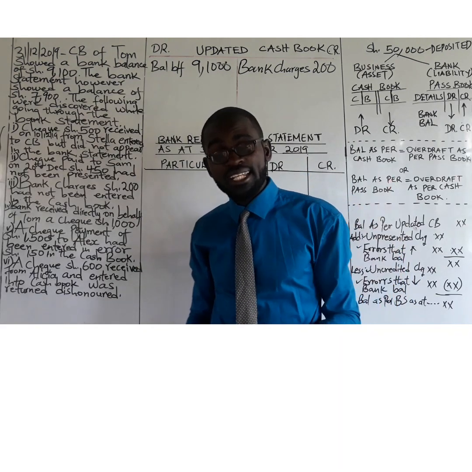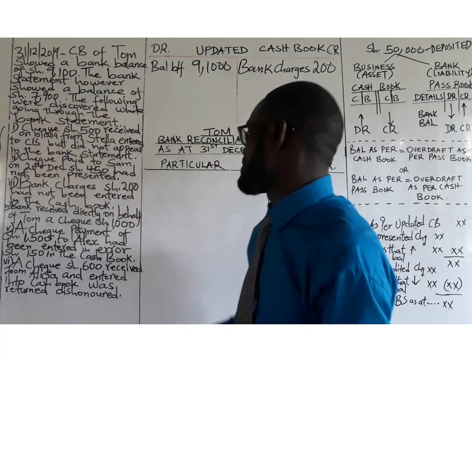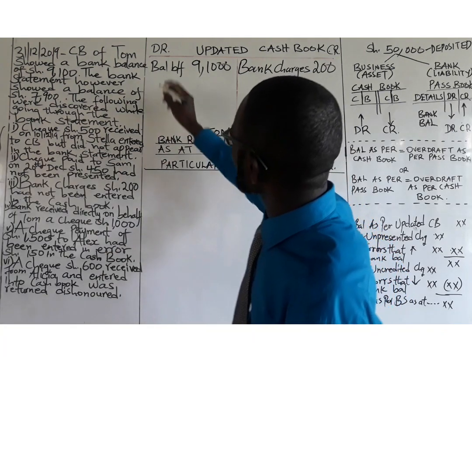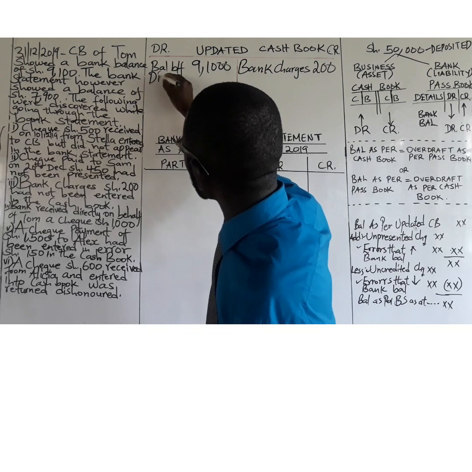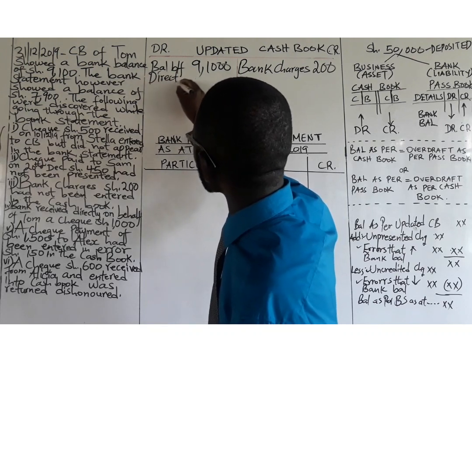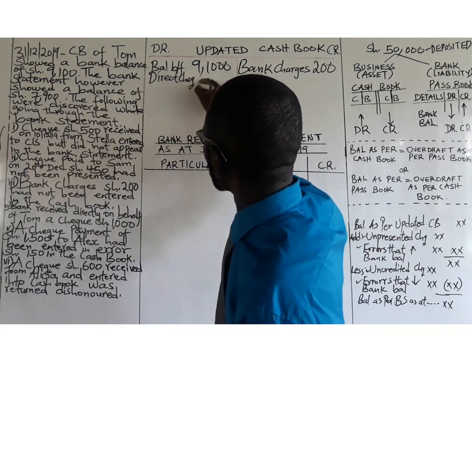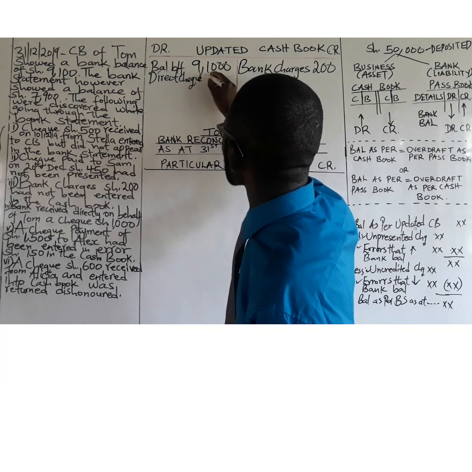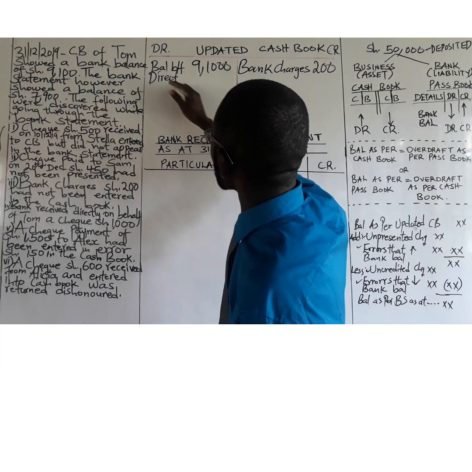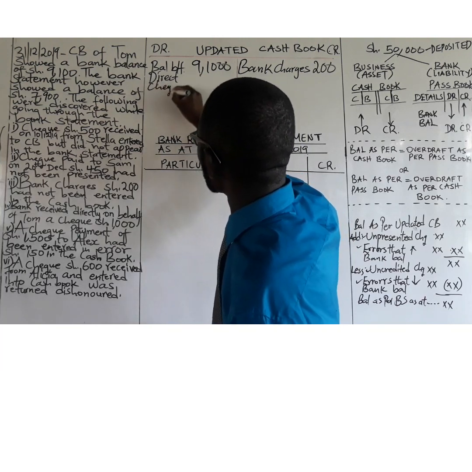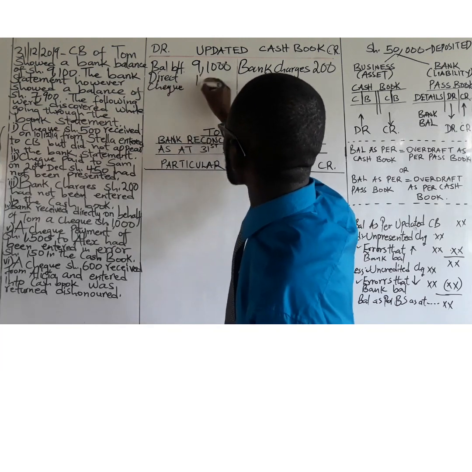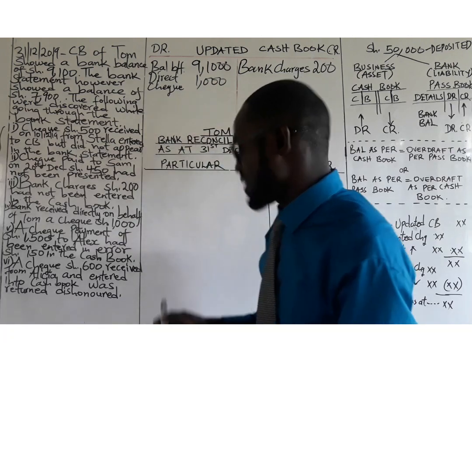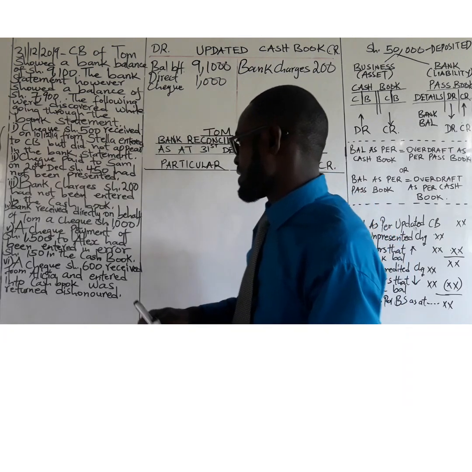It was not featuring in the bank statement. So when a check is received, we are going to have something to do with a direct check. We have a direct check, which is an amount of 1,000. Then you go to the next error.